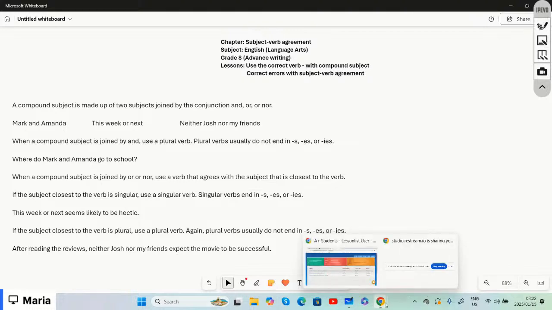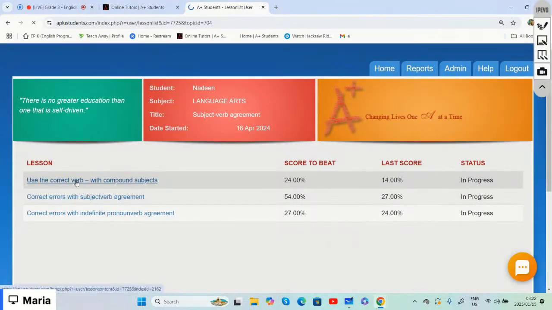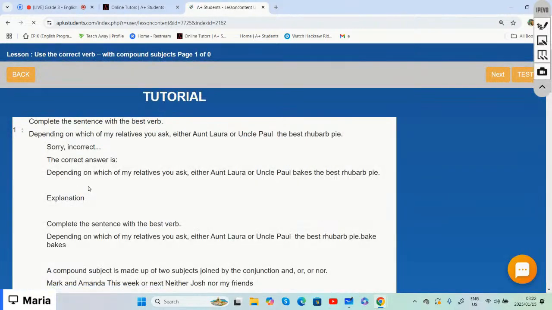Right, so now we're going to our test. We need to use the correct verb with the compound subject. It says we need to complete the sentence with the base verb.